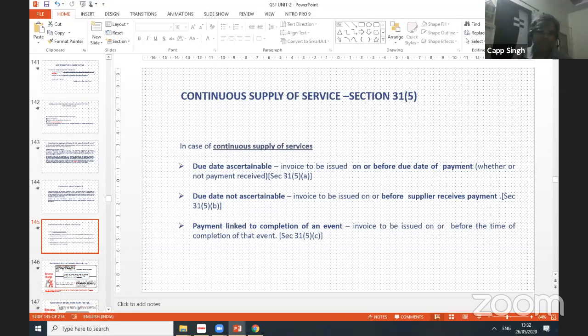So if we defer the issuance of invoice, we defer the payment of tax to the government. As per law, even in the case of continuous supply of service, issuance of invoice is linked with the terms mentioned in the contract. So the contract is very vital for deferring the payment of tax.